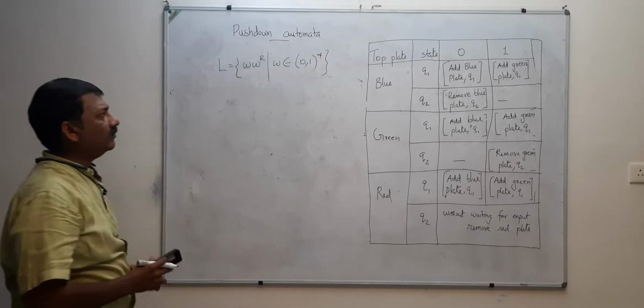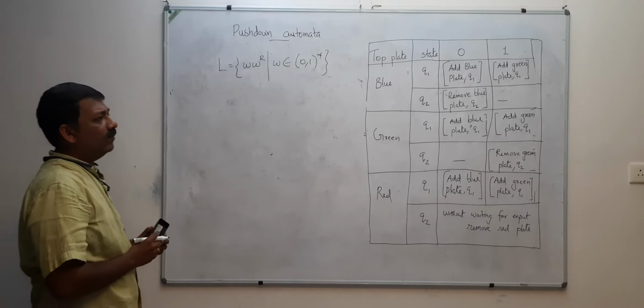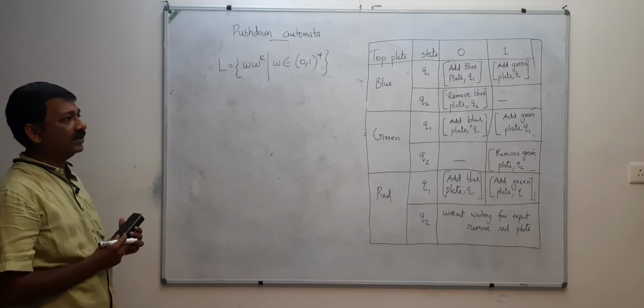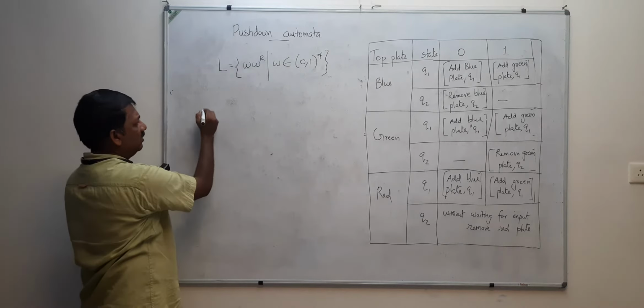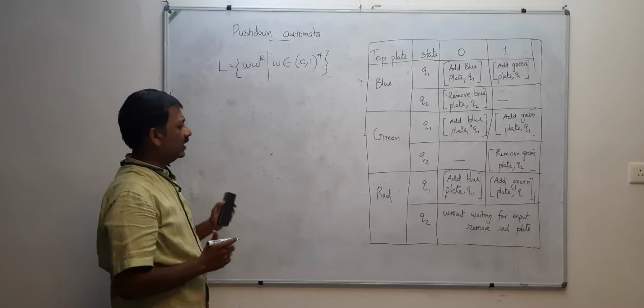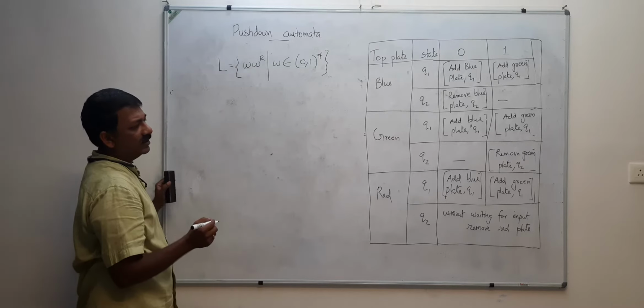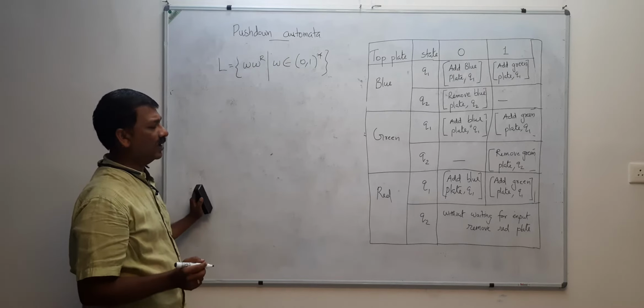Okay. See, now I am going to write the transition for this. That means if there encounters a blue plate, what will happen?